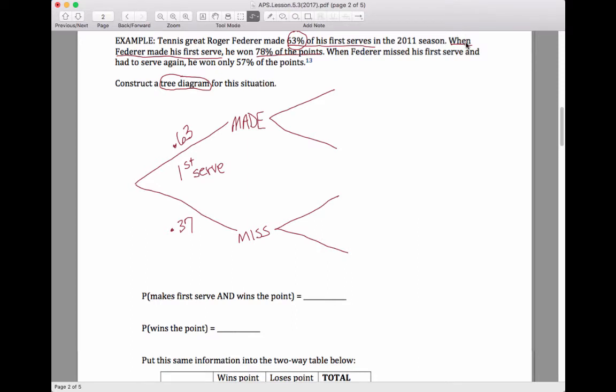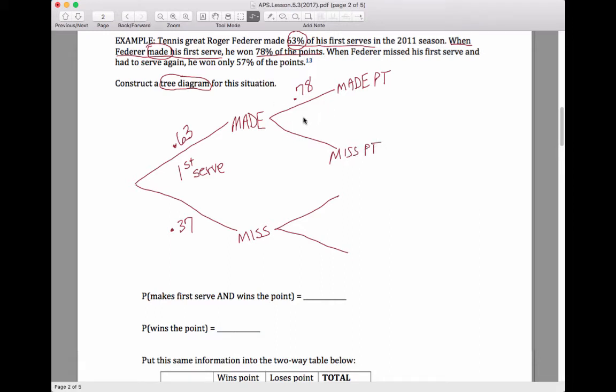When he made his first serve, so on this first branch, 78% of the time he made the point. This other branch would be that he missed the point, or did not get the point for that game.